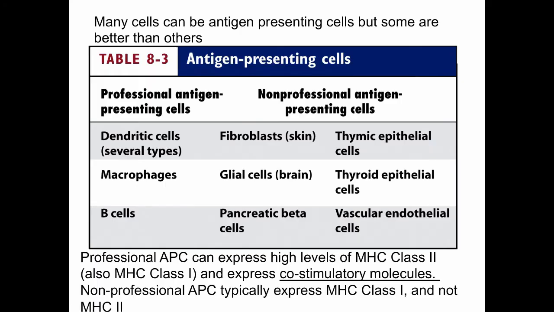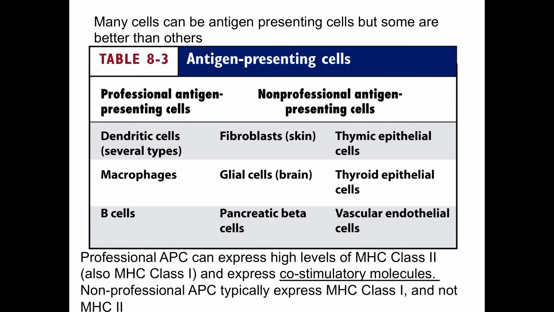There are a variety of different types of antigen-presenting cells, but broadly we can classify those that are very good at antigen presentation as professional antigen-presenting cells. They are largely three types of immune cells that we've talked about already: dendritic cells, macrophages, and B cells. Other cells are less good at presenting antigen, and these are referred to as non-professional antigen-presenting cells.